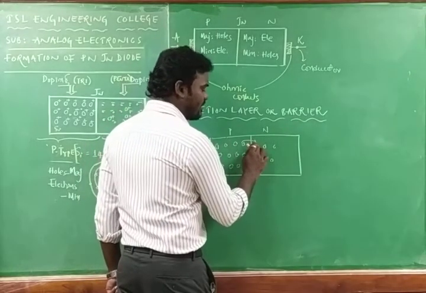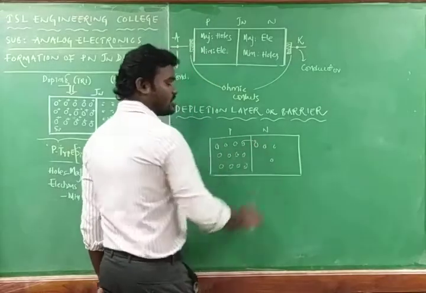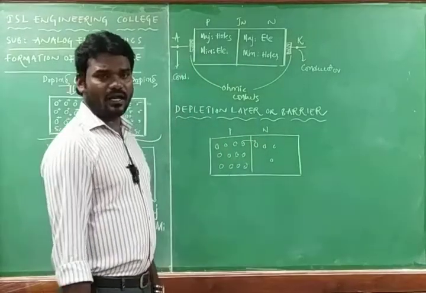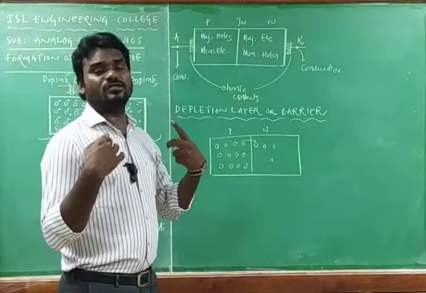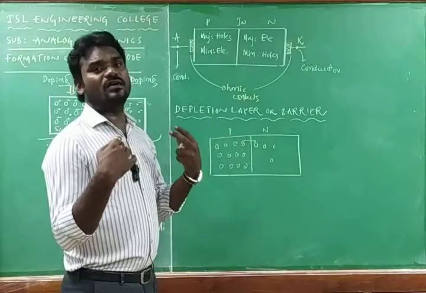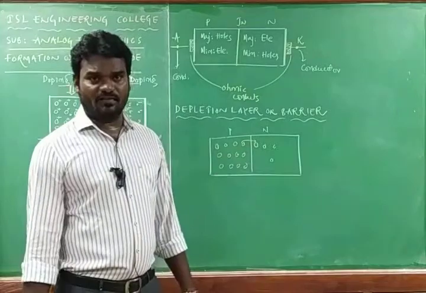Electron and hole recombination occurs, such that it converts into a positive immobile ion. By taking the electron, it converts into the positive immobile ion. By giving the electron, that will convert into the negative immobile ion.